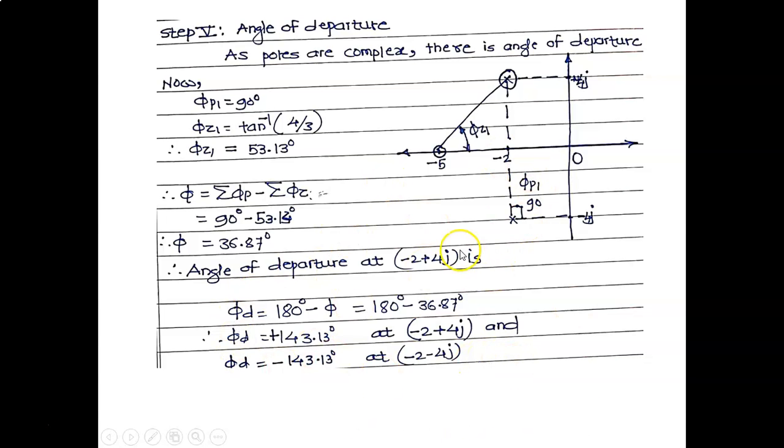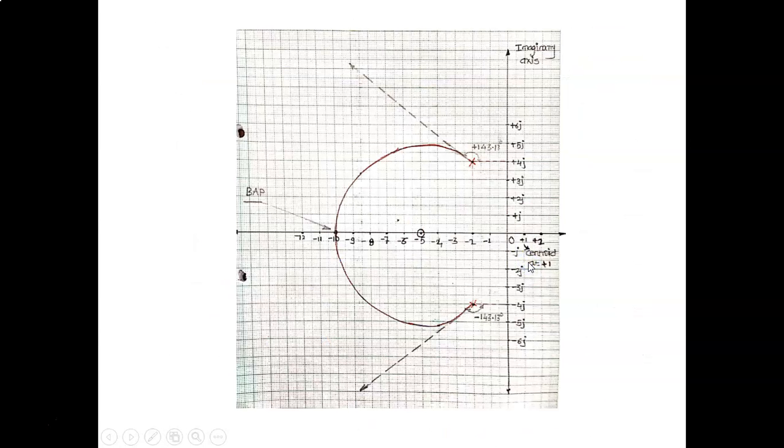Now, how to draw root locus? Imaginary axis, y-axis; real axis, x-axis. Locate the values 0, minus 1, minus 2 plus 4j, this first pole, minus 2 minus 4j, this second pole, and this one zero is there at minus 5, s is equal to minus 5.